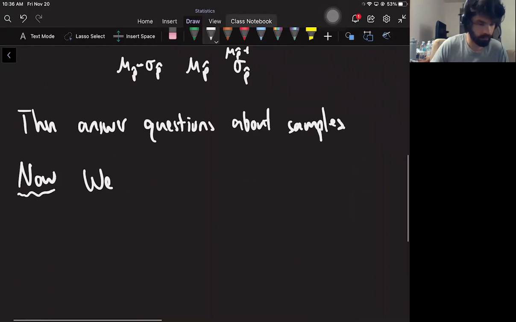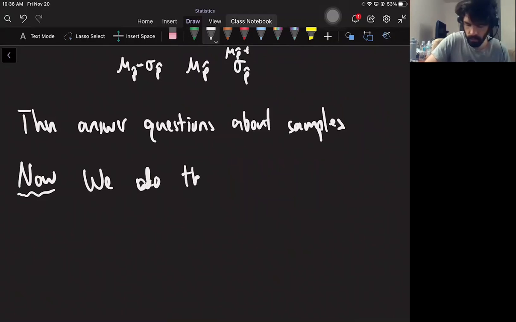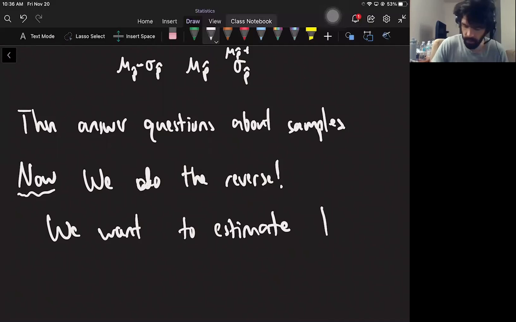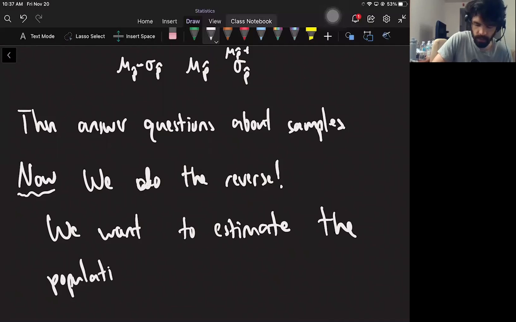So now we do the reverse. So meaning we want to estimate the population proportion using samples instead of talking about samples when we already know the population proportion.